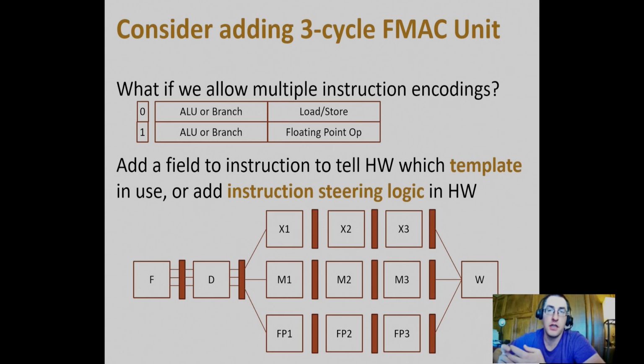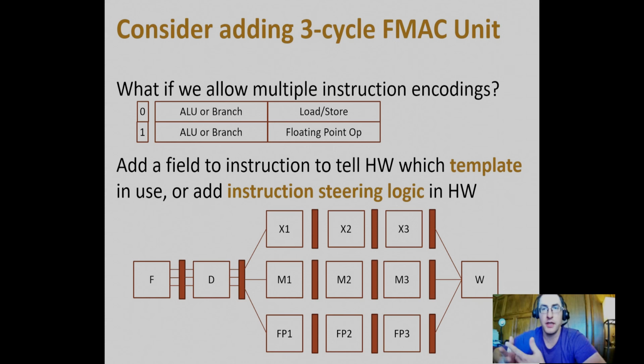So if I fetch an issue packet of type 1, when I decode it, I'm going to read that bit, and it's going to tell me that there's an ALU branch instruction and there's a floating point instruction. And so I'm going to steer the ALU branch instruction up to the X1 pipeline, and I'm going to steer the floating point instruction down to the FP1 pipeline, and I'm going to inject a no-op into the M pipeline.